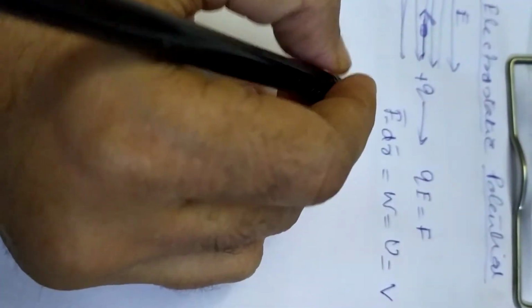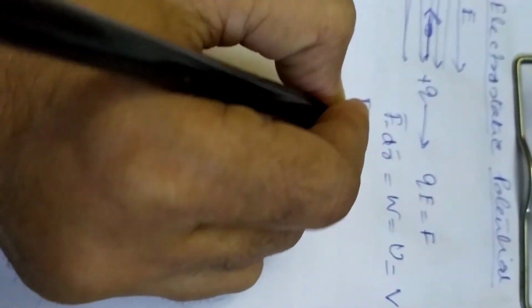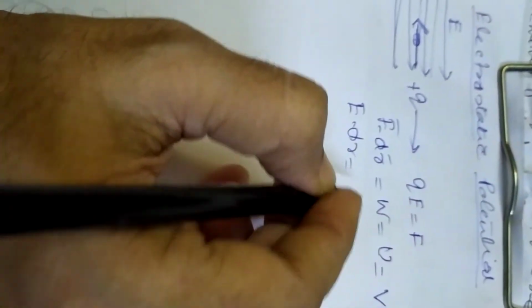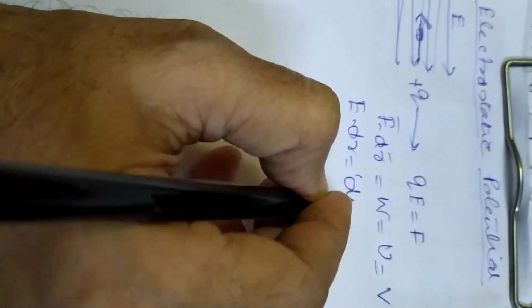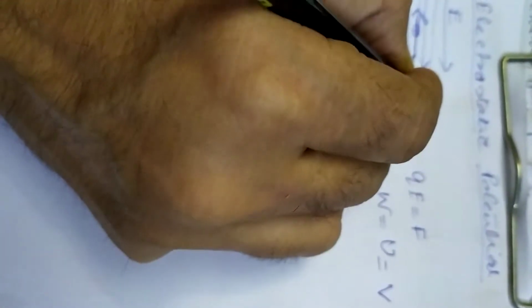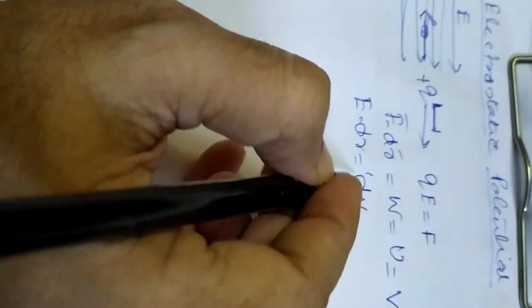Now F dot dr, suppose we write, gives the work W, that is equal to the energy U, or else we can write it as V. So E dot dr is equal to V. If we change by a small distance, there will be a change in potential, which we write as dV.